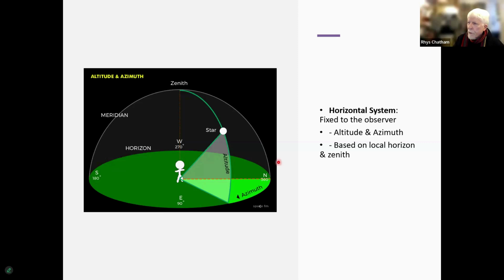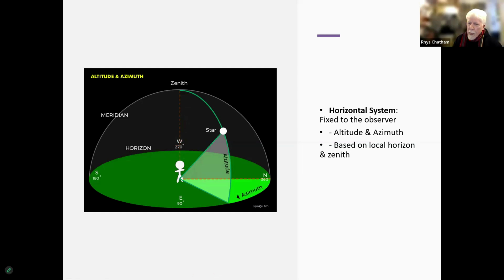And here you can see on the slide the due north position, and that's where we define 0 degrees in this celestial circle. And here you see the various cardinal points. East would be 90 degrees, south 180 degrees, west 270 degrees.